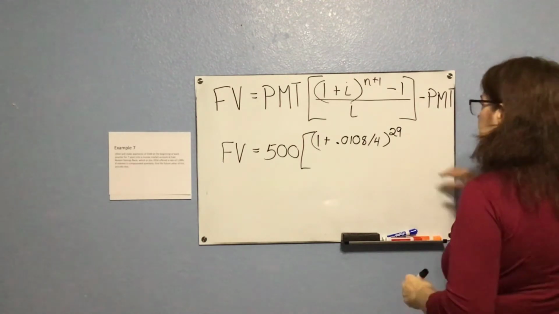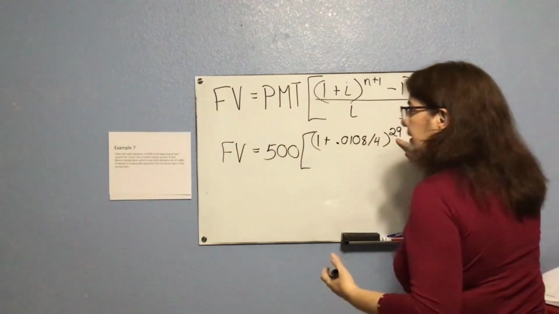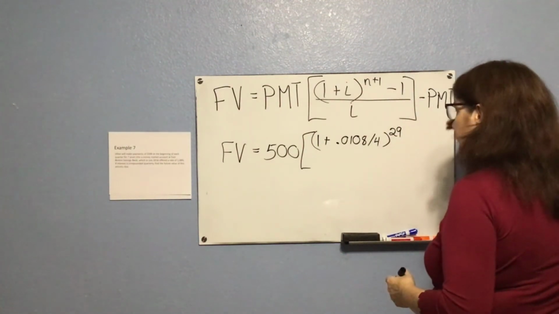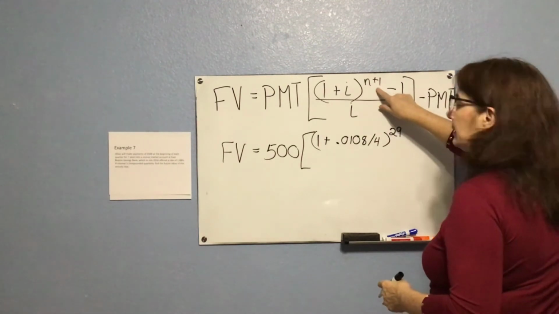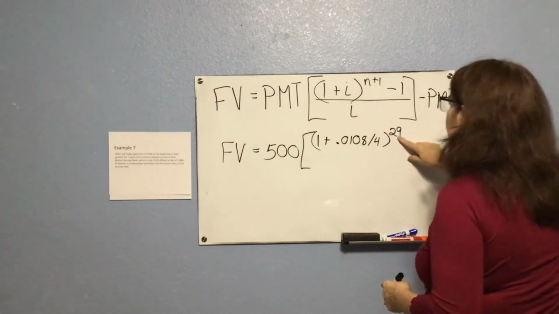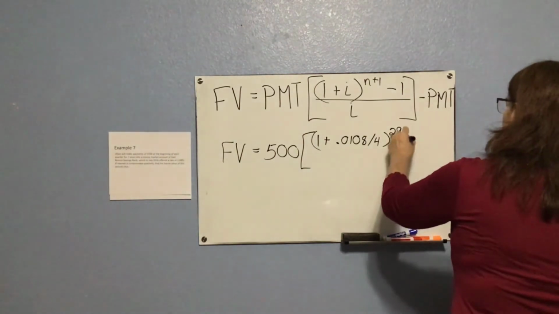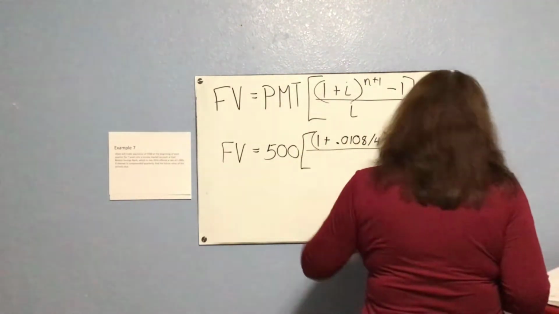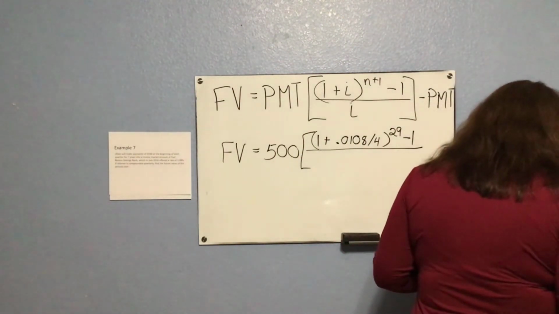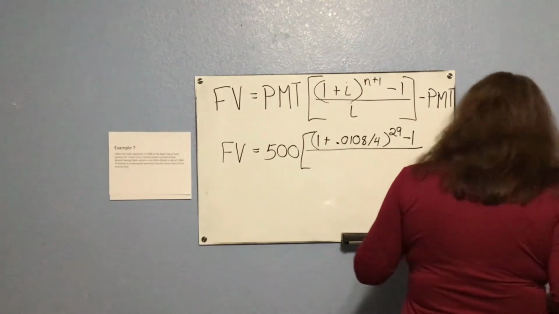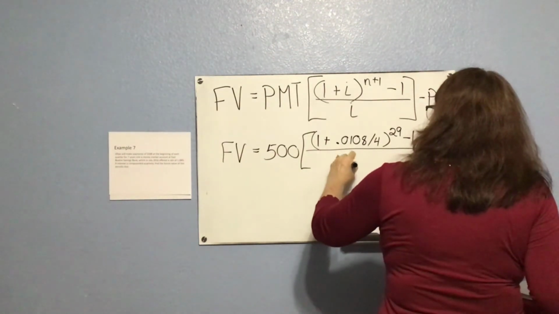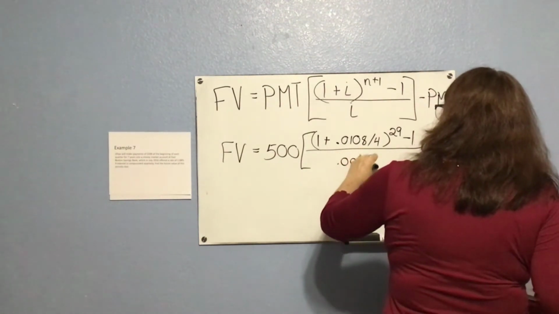It's 7 years, paid quarterly is 28 payments, but it's n plus 1, so 29 here, minus 1 over 0.0027.